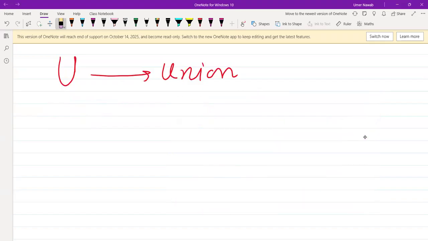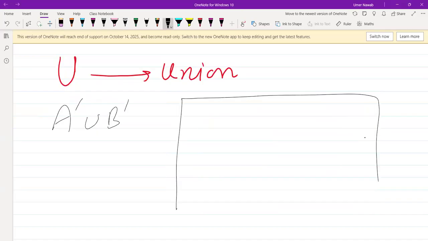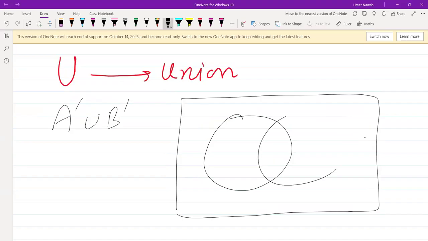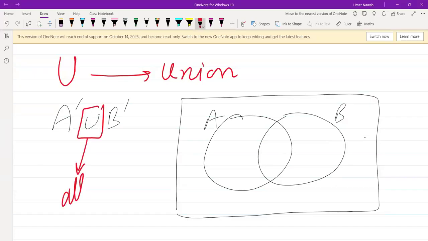Now, if he says A complement union B complement, it is very easy. Be careful, guys. You have to know which operation is used in between, the union. Union means all. So can I shade B complement first? As I said, complement means outside of B. So avoid the circle of B. Don't go inside.